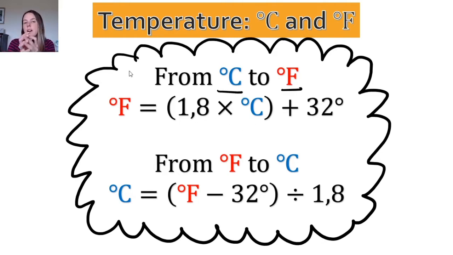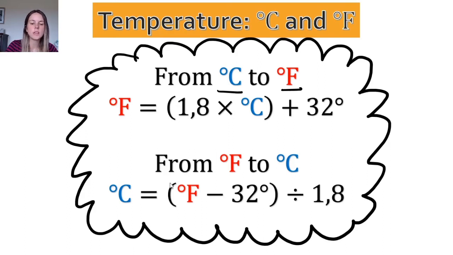So we have our degrees in Celsius, but we want it in Fahrenheit. So it is, in brackets, 1,8 times your degrees Celsius that I will give you, plus 32 degrees. And that answer will give you your degrees in Fahrenheit.